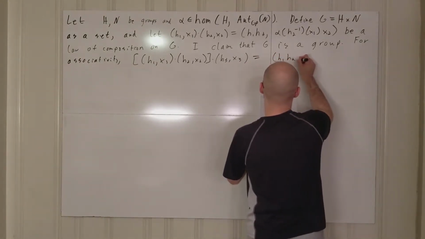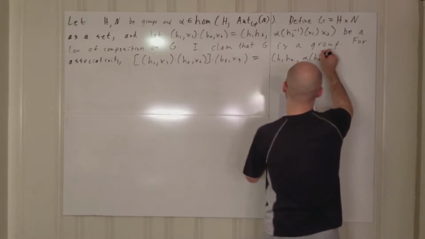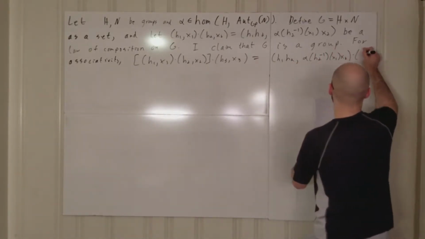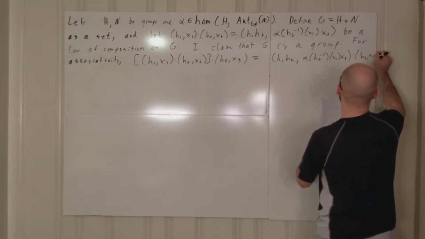So we have h1, h2, alpha h2 inverse of x1, times x2 here. This all times h3, x3.